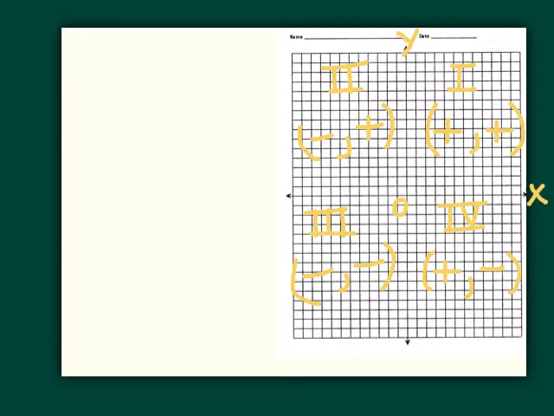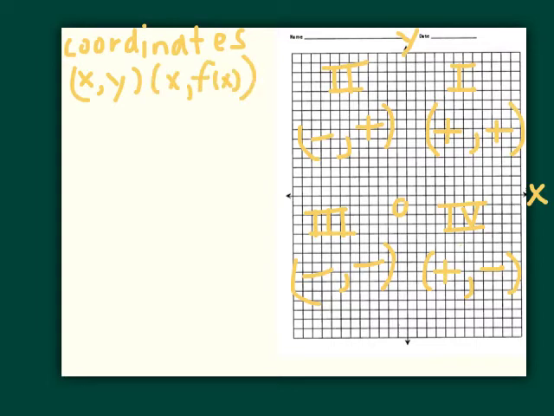Now, the coordinate or ordered pair, that is written, ordered pair is another name for coordinate, x, comma, y, or x, comma, f of x. Okay, the higher you go in math, it's called the function, or denotes another letter, your input in the function.